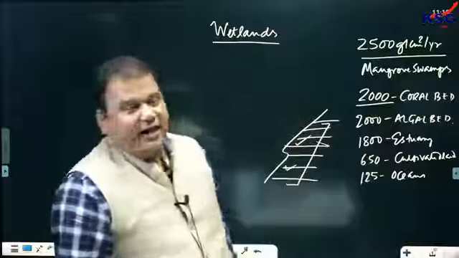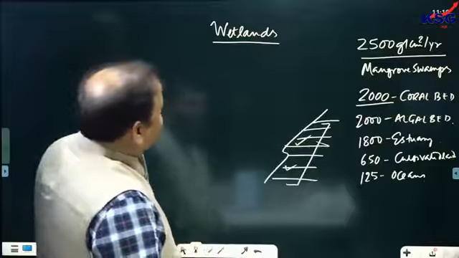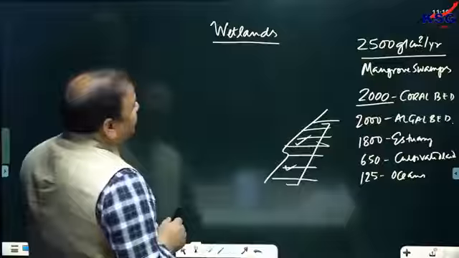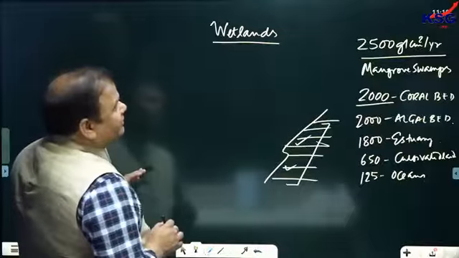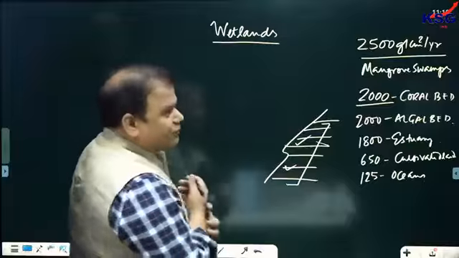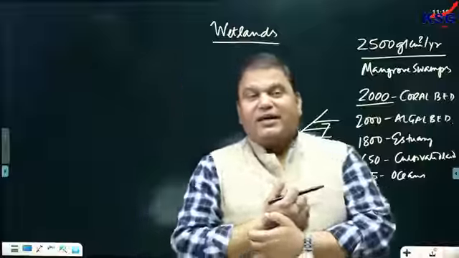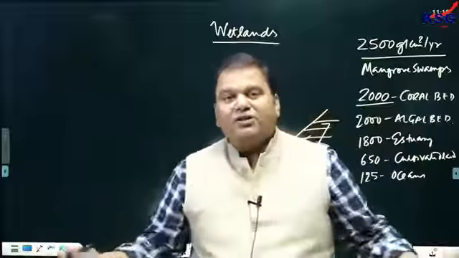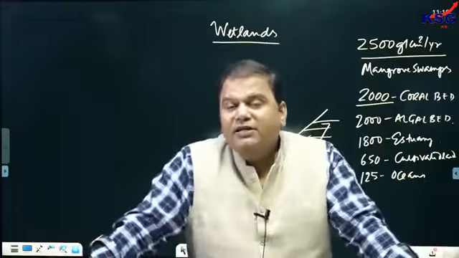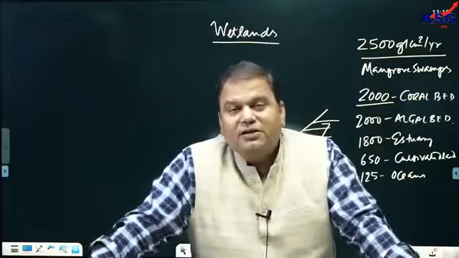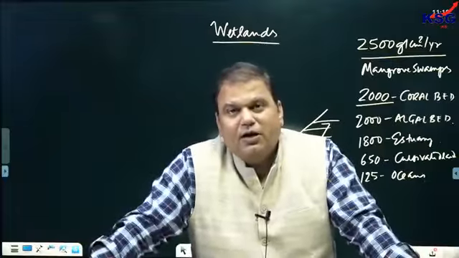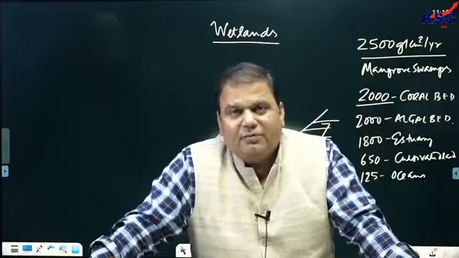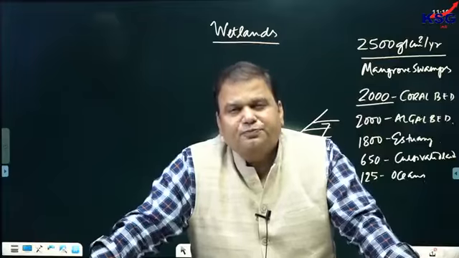But if we have to divide wetlands into categories, we can divide wetlands into 4 categories. One is mangrove swamps, which would be present near the coastal area. Second is marshes. Marshes are wetlands which are present near the rivers or the lakes.